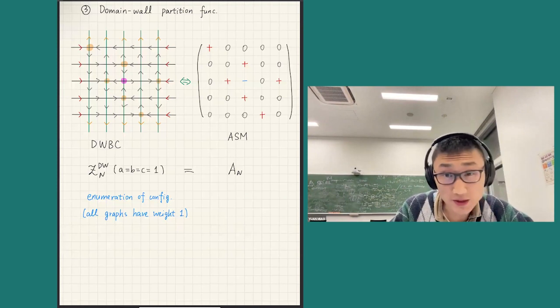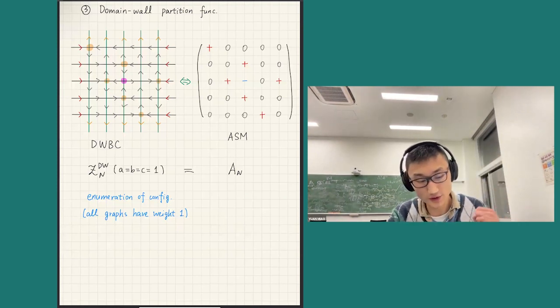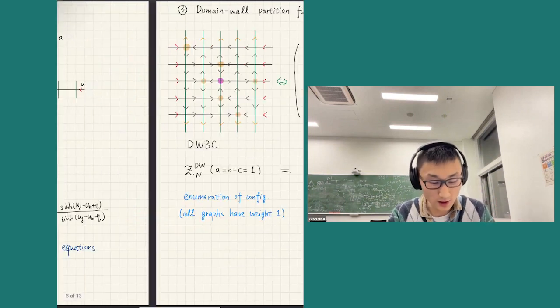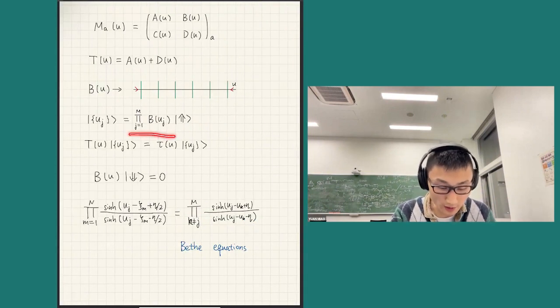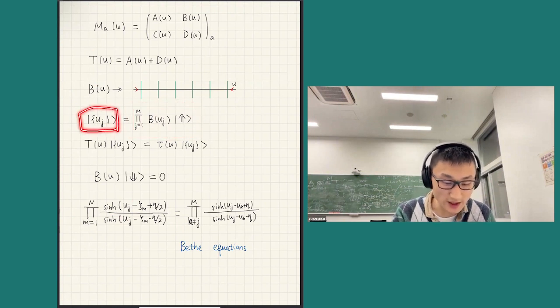And this object is interesting because people can use it to prove some useful formulas, for example, the overlap or the norm of these so-called Bethe states.